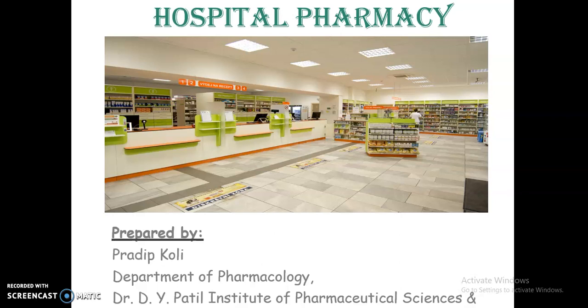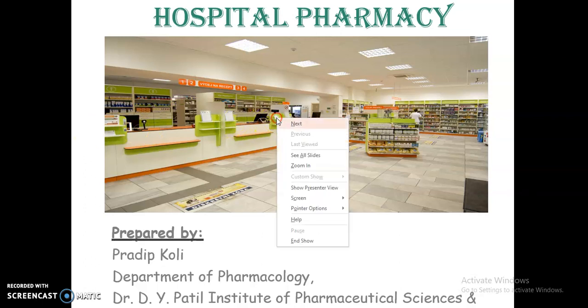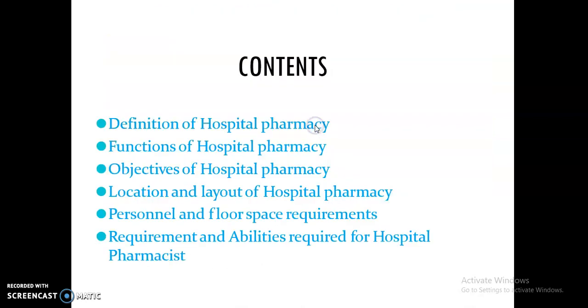So as you can see on this slide, there is one of the pharmacy. These are the contents from which we have to study about the different kinds of hospital pharmacy, the functions of the hospital pharmacy, objective of hospital pharmacy, then the location and the layout of hospital pharmacy.